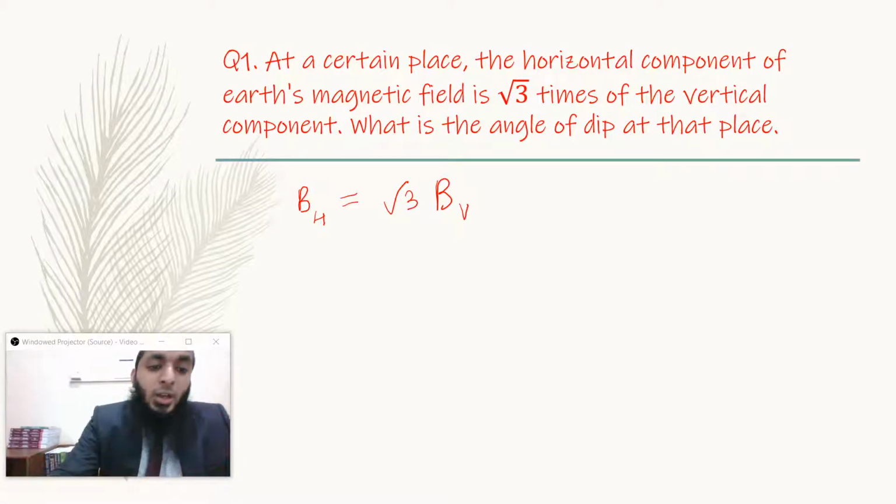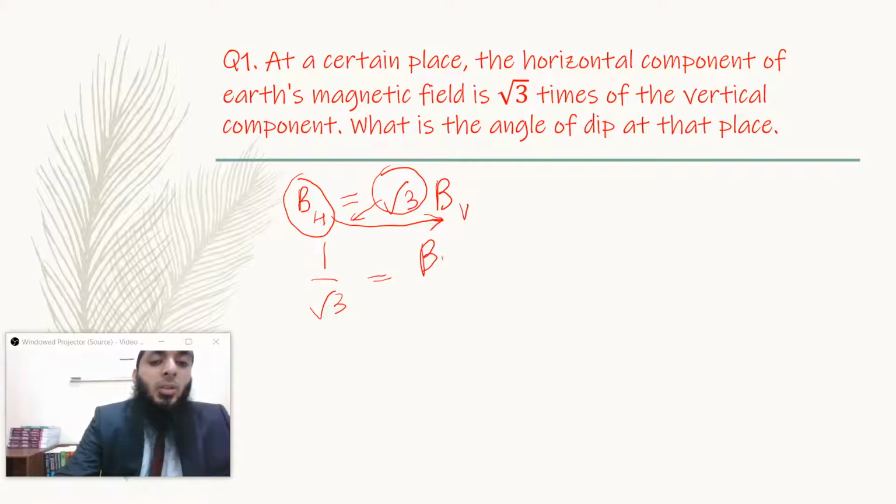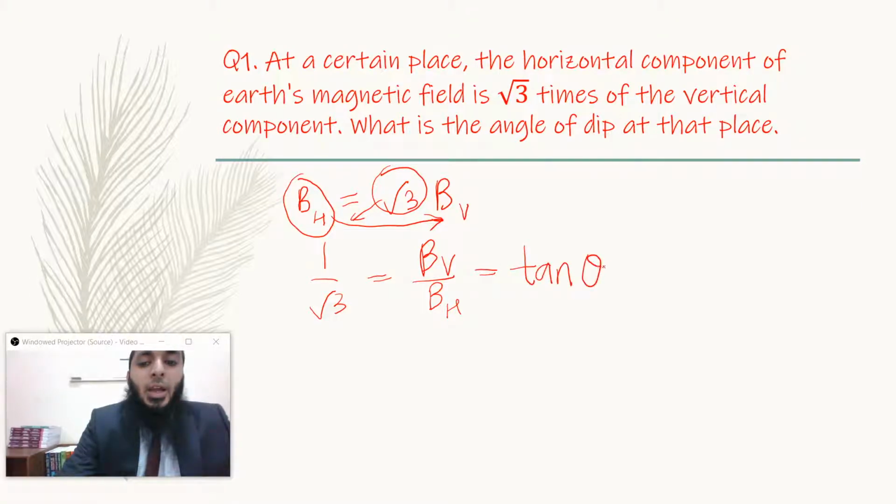Now I can rewrite this by bringing B_H to the other side. So B_H will go to the denominator, and then root 3 also I can bring on the other side. So the equation will become 1 divided by root 3 is equal to B_V divided by B_H. But we know that B_V divided by B_H is nothing but tan of the angle of dip, tan theta.